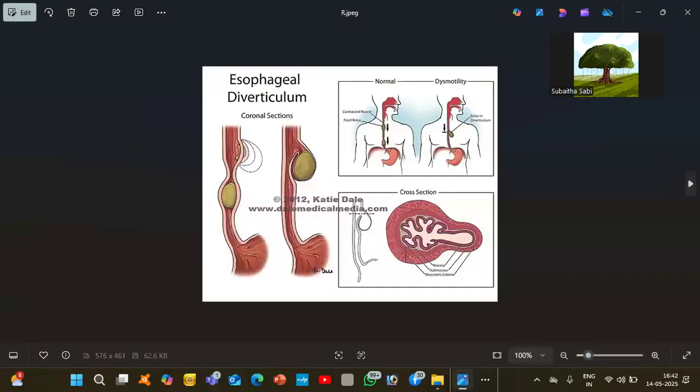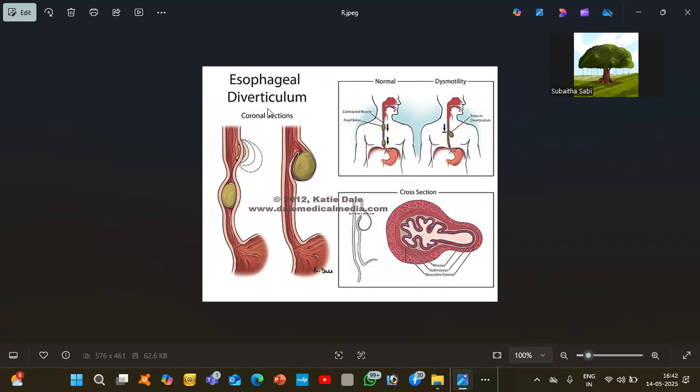Next pathological condition is diverticulum, the esophagus diverticulum. The esophagus is like this; food easily goes inside.